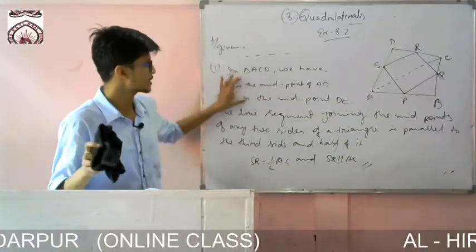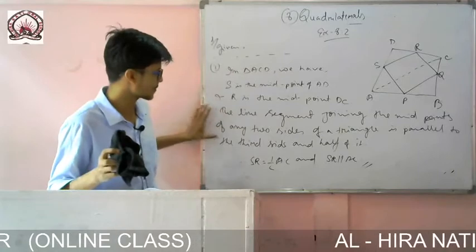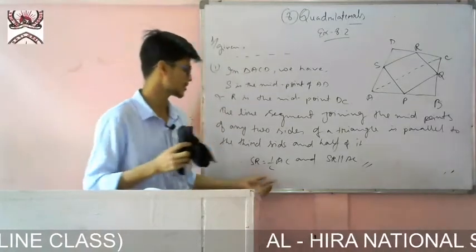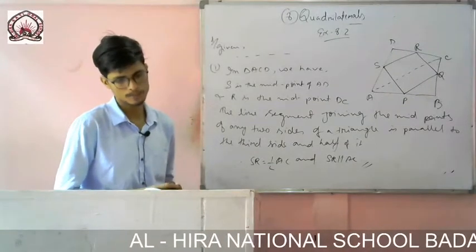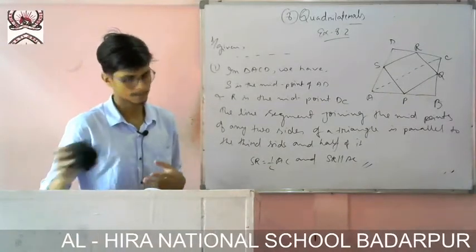Very easy sum. This one is the theorem, directly I can write the theorem. So we have proved this. Now for Roman number 2, you have to prove that PQ is equal to SR.